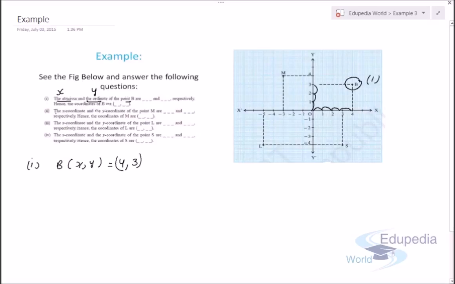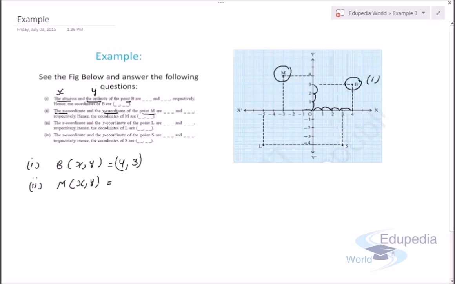Now the second question is the x coordinate and the y coordinate of point M. Now we need the x part and y part of point M. So for the second question, M, we have x and y. The x part is in the negative direction.